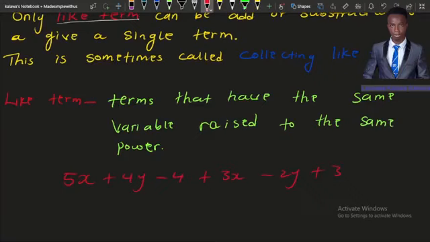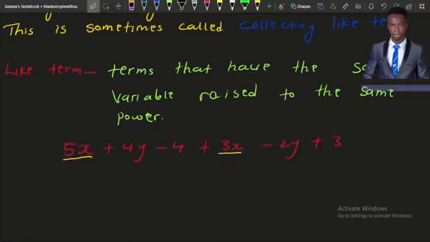Remember, like terms are terms that have the same variable raised to the same power. So if you can see here, 5x is like 3x, so that's two like terms for the x part.